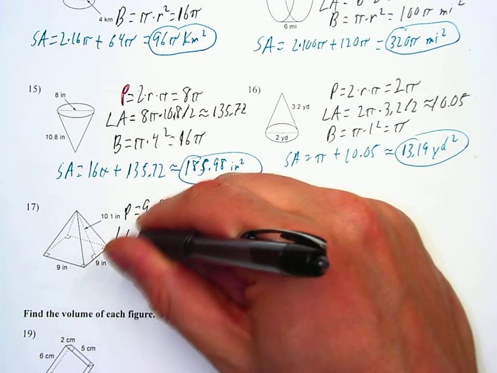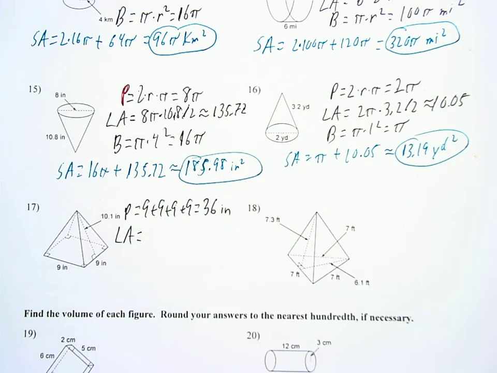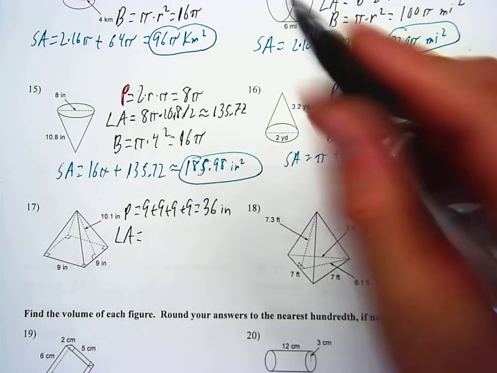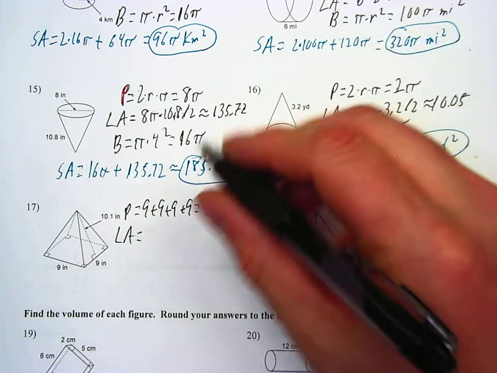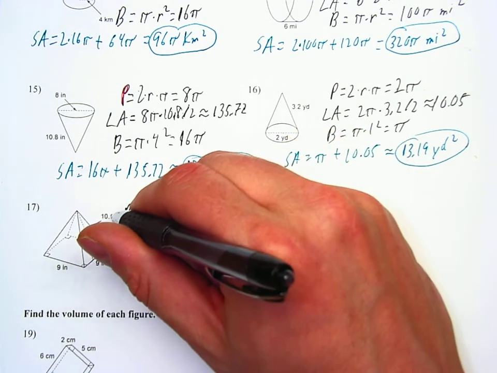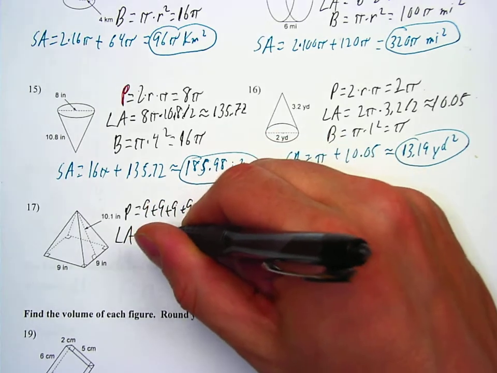The lateral area, in this case, we are also going to divide by 2, because we're taking half, because it's a pyramid instead of a cylinder or prism. Because it's half, the lateral area is half of the corresponding prism it goes with. So I am going to multiply the perimeter times the slant height, 10.1: 36 times 10.1.